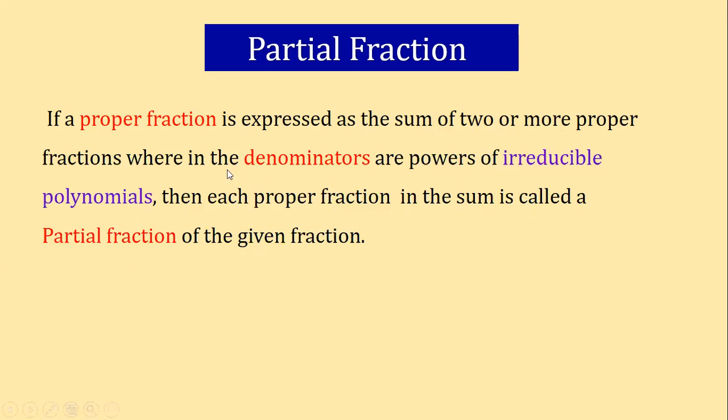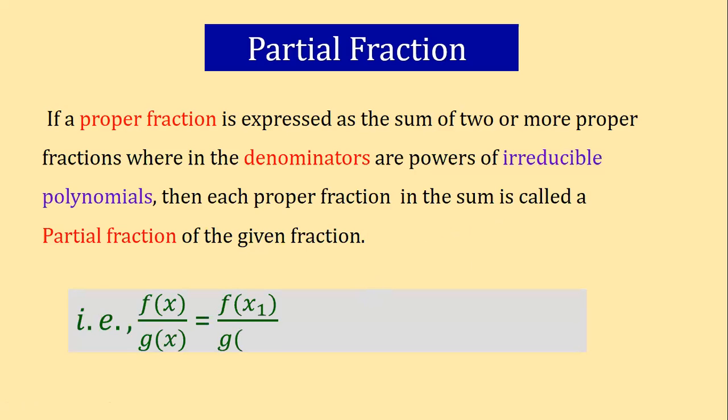Which means, when you are writing a proper fraction as a sum of two or more fractions, each fraction is a partial fraction. Let us see here. f of x by g of x is our proper fraction. I am splitting it into f of x1 by g of x1, which is the first proper fraction, plus f of x2 by g of x2, which is the second proper fraction, plus f of x3 by g of x3, plus so on.